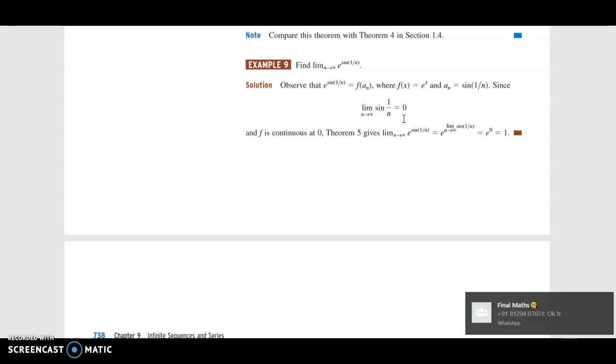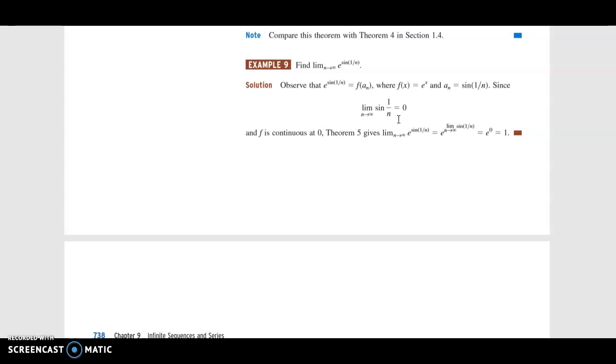Sine 1 by n satisfies minus 1 by n less than or equal to sine 1 by n less than or equal to 1 by n. So 1 by n tends to 0 as n tends to infinity.